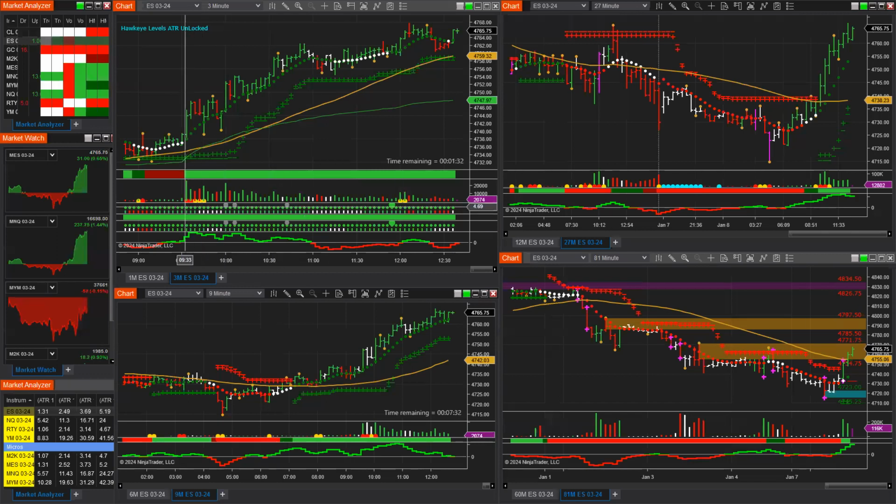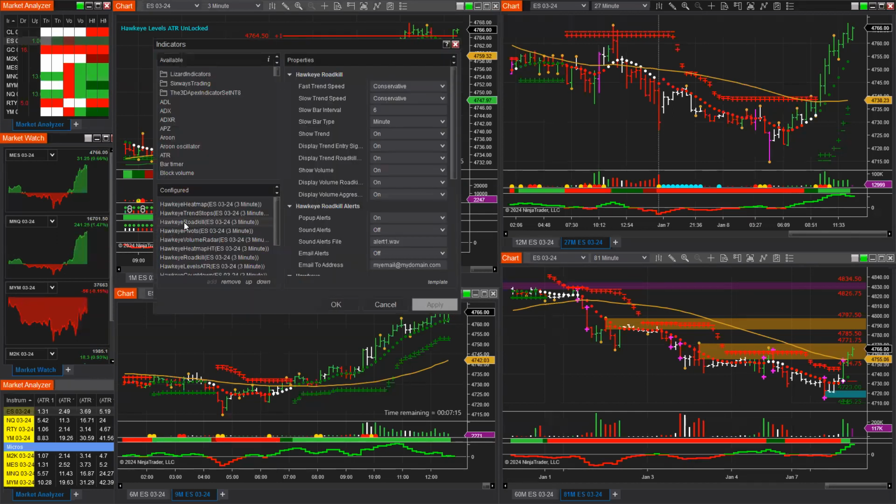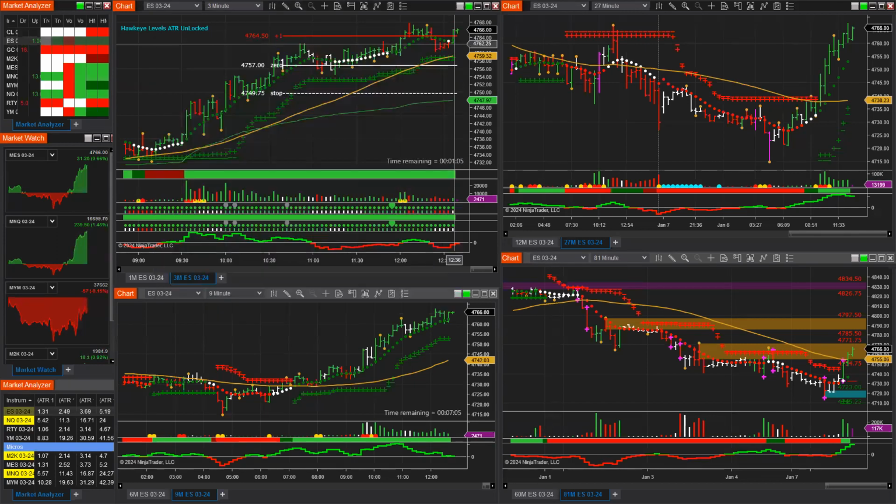Yeah, this chart right here also is a roadkill. I call it a roadkill because what it's showing me are historic future, the higher time frame trend and volume. So if I were to look at this particular indicator, this particular roadkill is showing me that based upon the 3-minute chart, I'm looking at a 6-minute trend and I'm looking at a 6-minute volume. But I've got it displayed on my 3-minute chart.